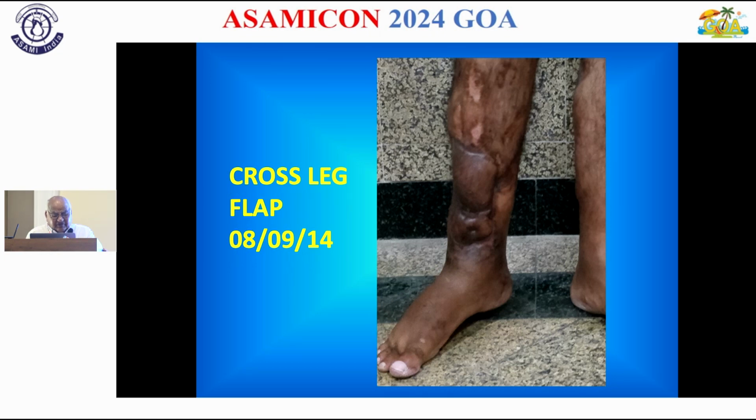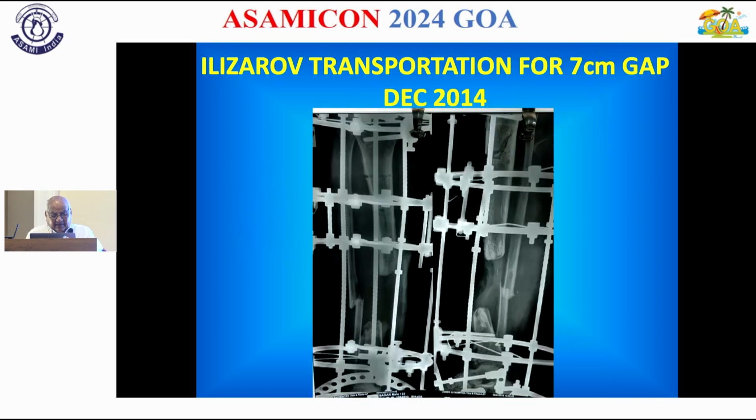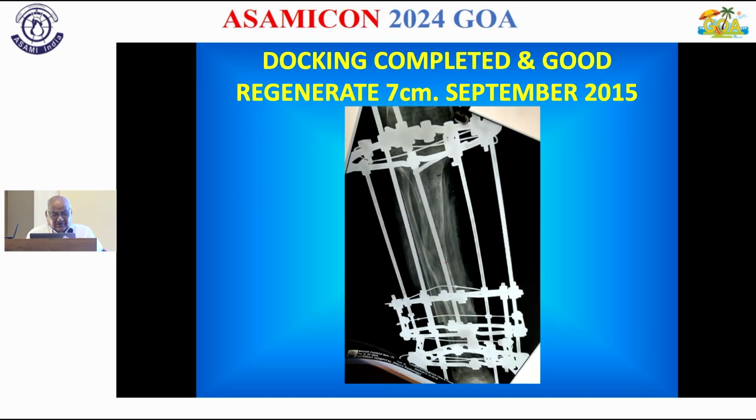Then a cross leg flap was put on the tibia. Ilizarov transportation for a 7 centimeter gap finished in December 14. Docking completed with a good regenerate, 7 centimeters long.